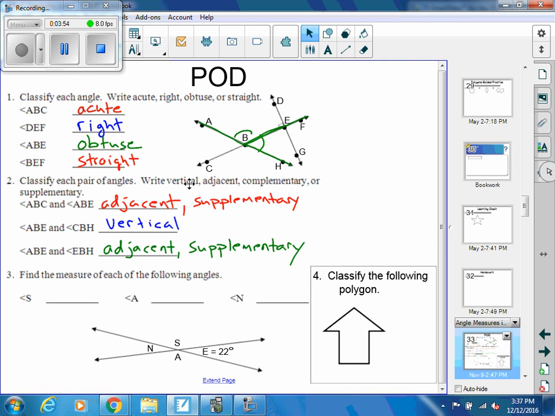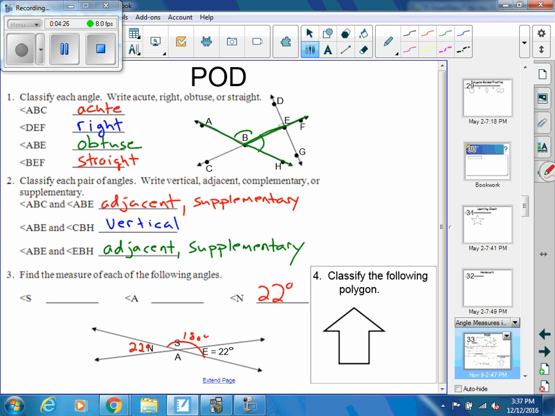Number 3, we're moving down to this diagram down here. We need to find the measure of each of the following angles. Well, it gives us that E is 22, so we know that N is 22 because N and E are vertical. So we know angle N is 22 degrees. Okay, for angles A and S, if we look at angle E and angle S, well, we know that they must go together and make 180 degrees.